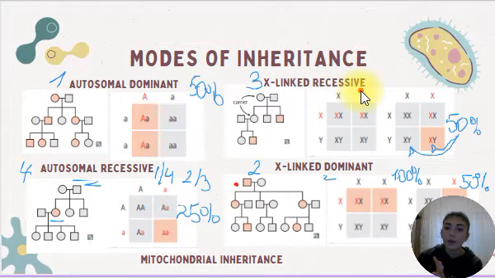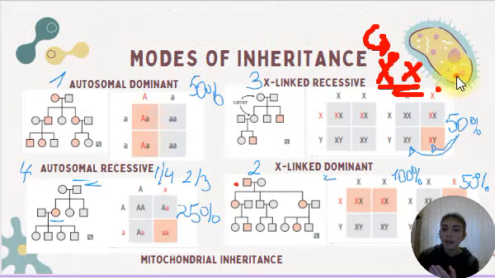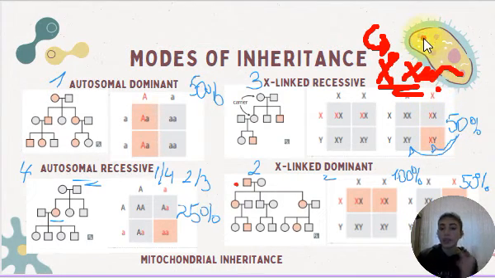If we have the disease, in the recessive case, females have 2 X's, and therefore if it is X-linked, it won't affect them because they have a healthy X, which can compensate for this unhealthy X, right?